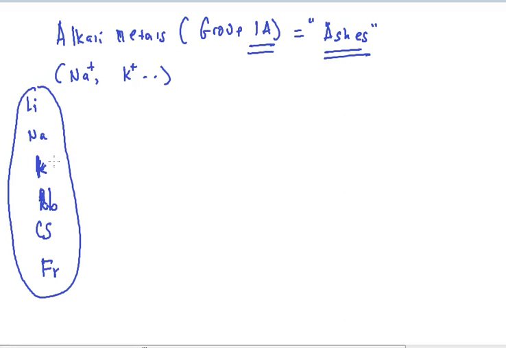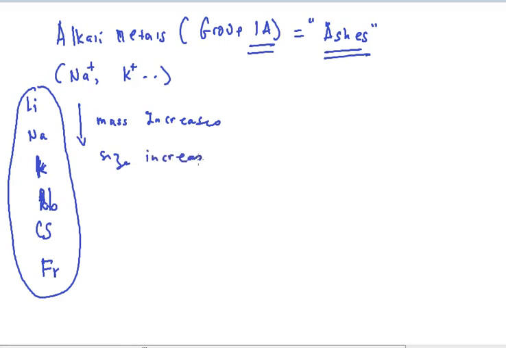The alkali metals behave similarly. In terms of their physical properties, they are shiny, soft, have low melting points, and also have a low density. As we go down the group, the mass increases, their weight increases, and their size also increases.